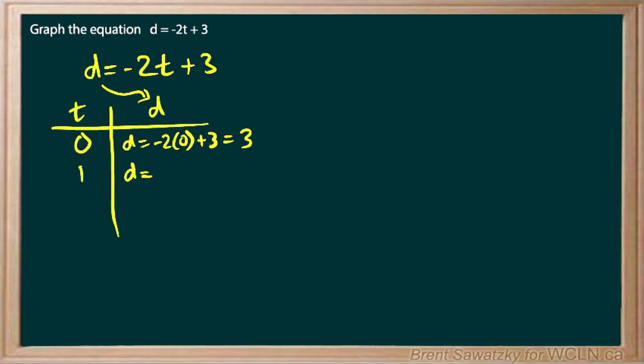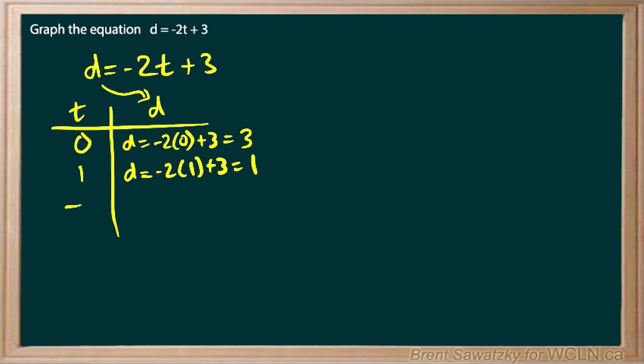If we have t is 1, and we plug that in, negative 2 times 1, a negative times a positive is a negative, so negative 2 plus 3 is plus 1. Okay, so when t is 1, d is 1.